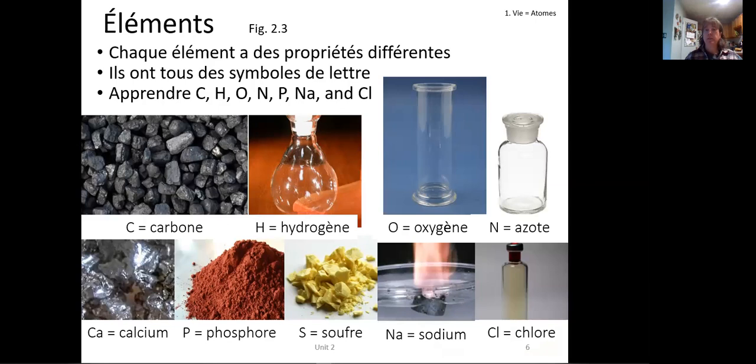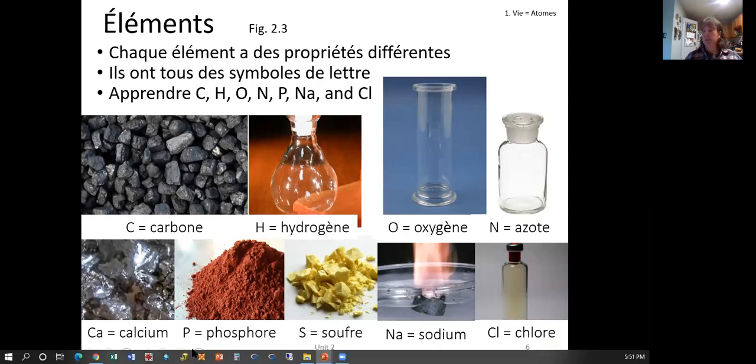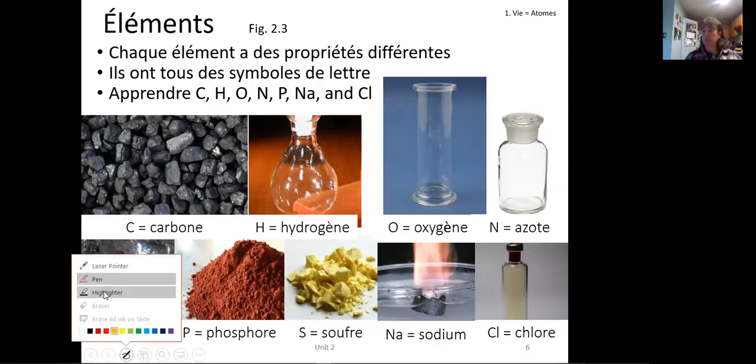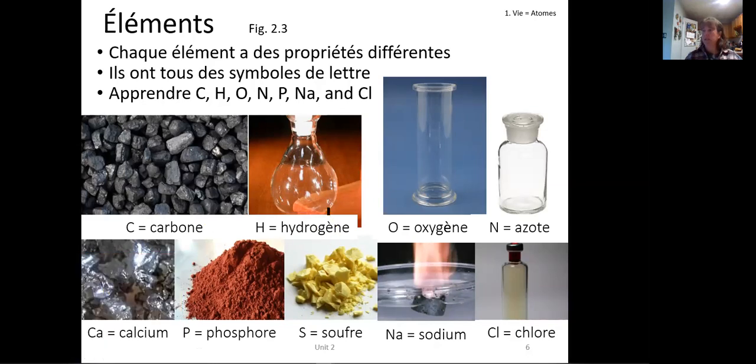Each element has different properties, and each element is represented by different letters. For example, the element carbon is represented by the letter C. Sodium is represented as Na. Each element is symbolized by a different letter.